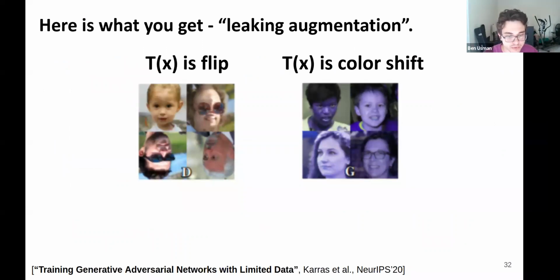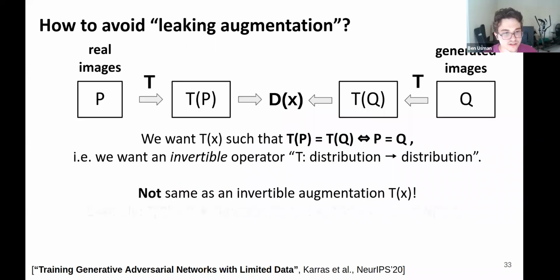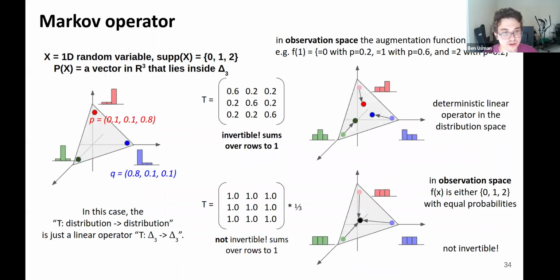And therefore you get crappy results. But they showed a principled way to change them in a way that makes the discriminator's life harder, but still ensures that your generated examples are good.